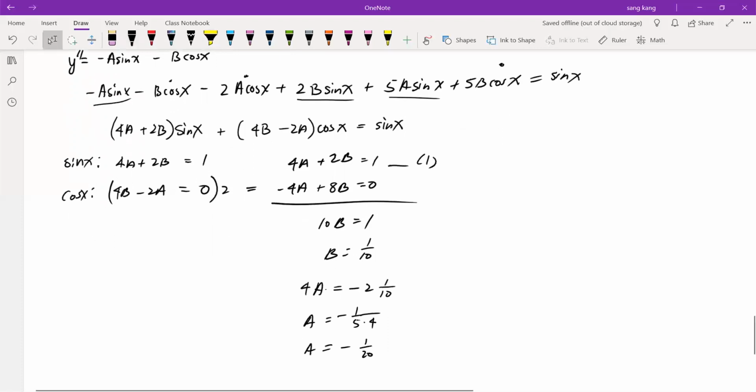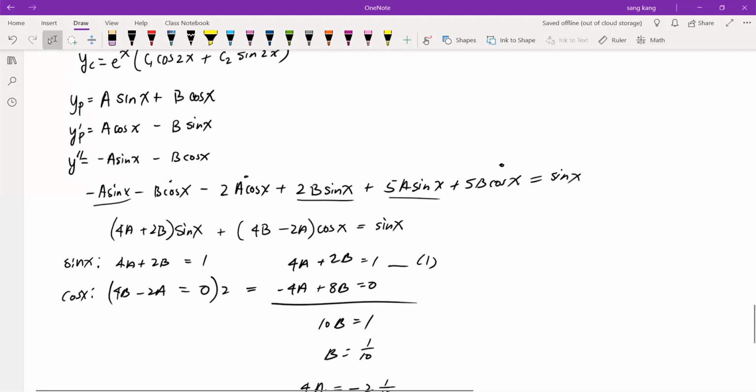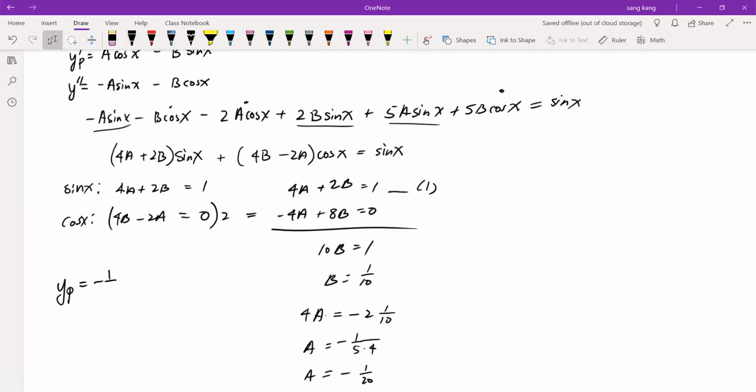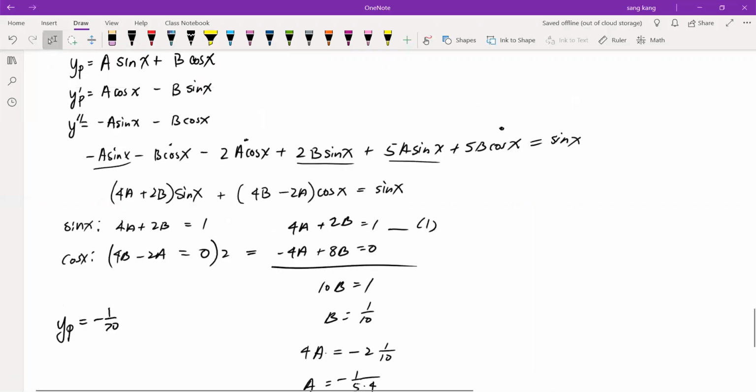Okay, so my particular should equal a, which is negative 1/20 sine x plus b, 1/10 cos x. Let me make sure this is right.